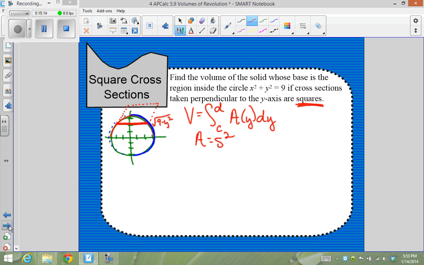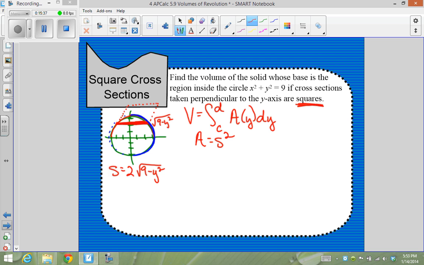So this right here being the square root of 9 minus y squared, this base then would have to be twice that. My length of my side would be 2 square root of 9 minus y squared. And we'll hit this again in class since I'm doing such a pitiful job. Please forgive me. Normally I would re-record, but I'm running out of time today.